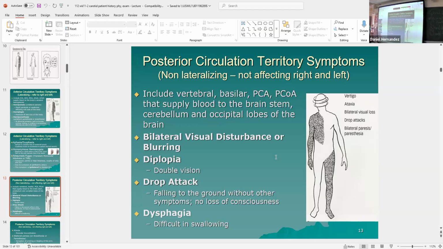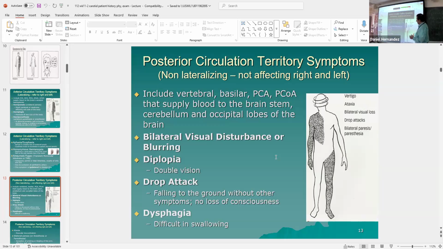So any bilateral symptoms, bilateral vision disturbances or blurring, and patients who have diplopia, which is double vision.